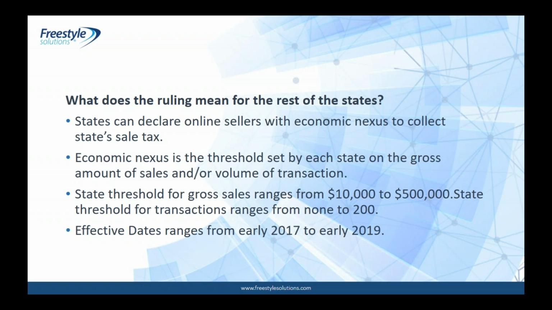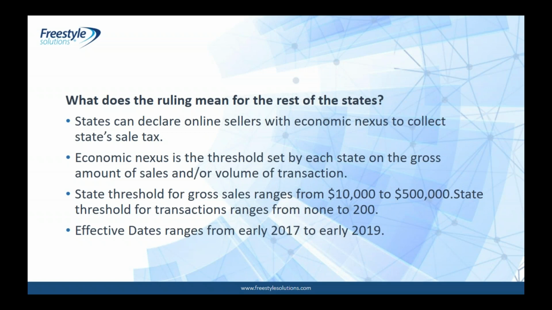The economic nexus is the threshold set by each state on the gross amount of sales and/or volume of transactions. State thresholds range from anywhere between $10,000 to $500,000 in sales, and state thresholds for transactions range anywhere from none to 200.